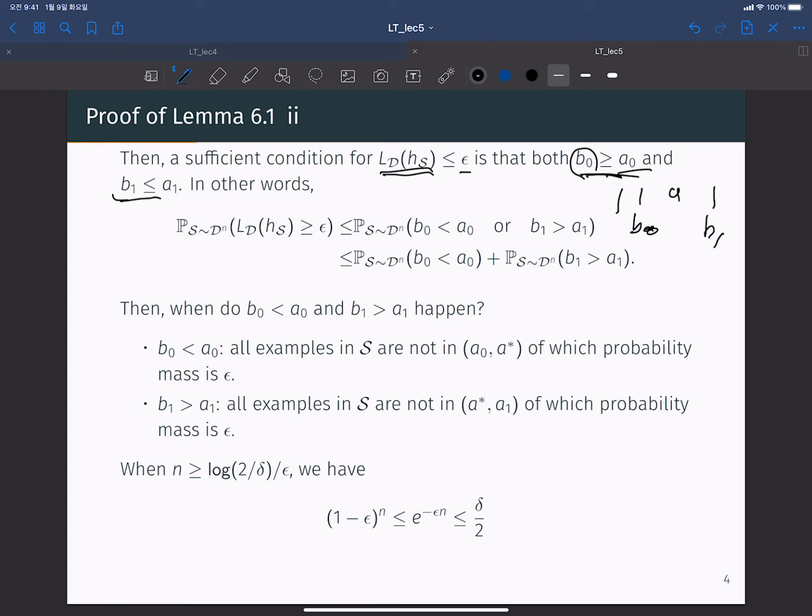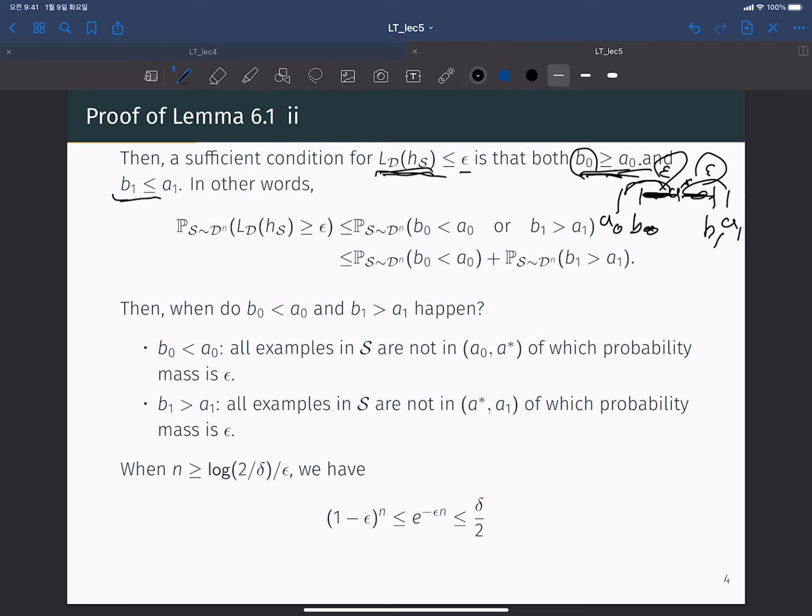We know there is a star, and this interval has probability epsilon, and either this or this is the max possible error area, and this area is less than or equal to epsilon. So the test error is less than or equal to epsilon when both are true.